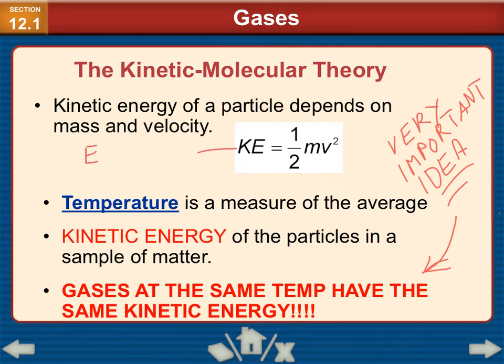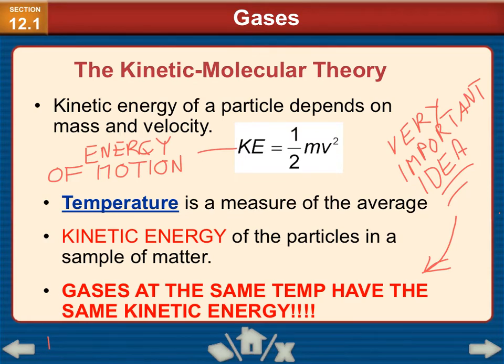Temperature is a direct measure of the average kinetic energy of the particles in a sample of matter. So the higher the temperature, the higher the kinetic energy of the particles. That does not mean that all molecules of gas at the same temperature will have the same velocity. But it does mean that gases at the same temperature have the same kinetic energy.